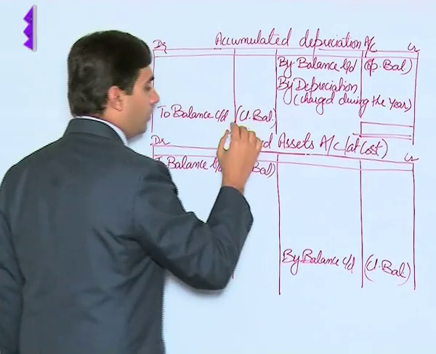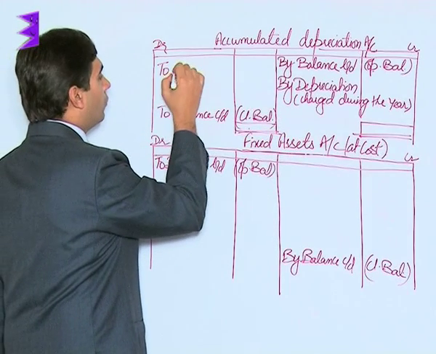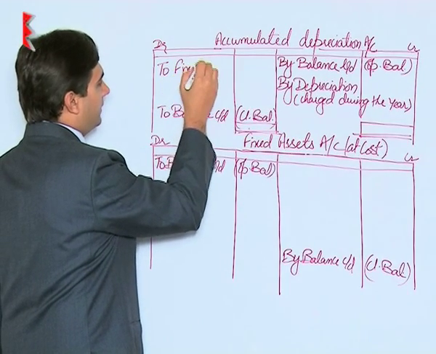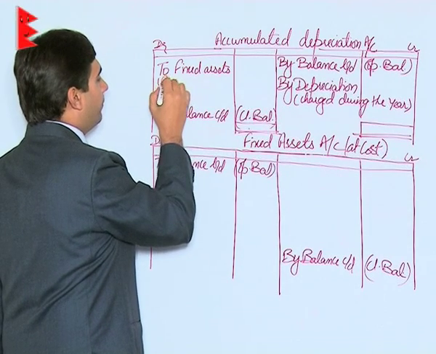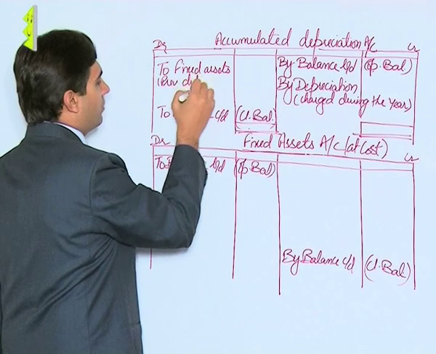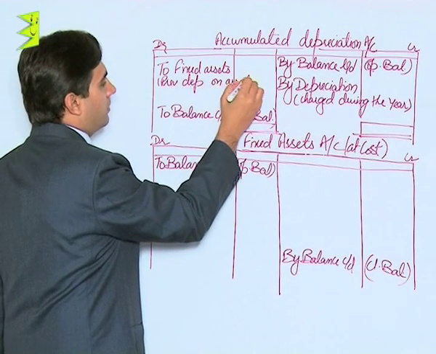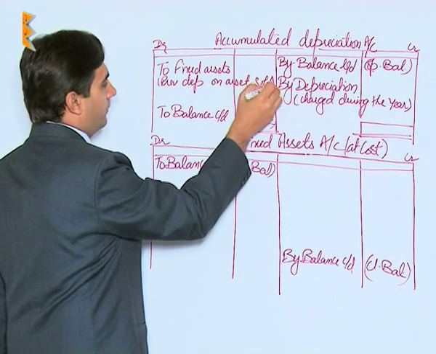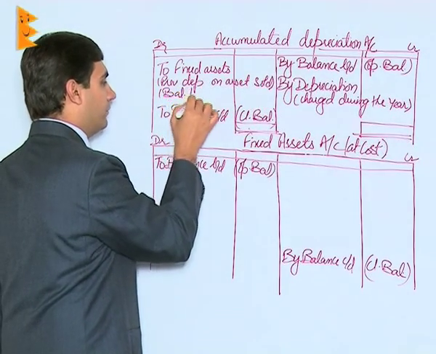Let us total it out, and the balancing figure would be to fixed assets, that is previous depreciation on asset sold during the year, and remember it is the balancing figure.